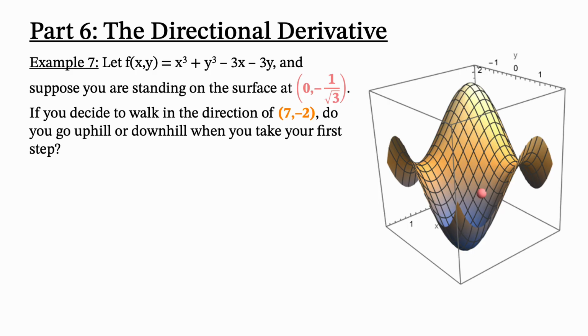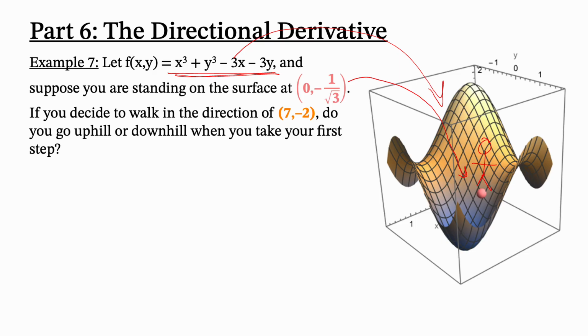I've got a surface that we've seen before, x cubed plus y cubed minus 3x minus 3y, plotted right here, a mountain that we might go hiking on. Now suppose that you are standing on this surface at the xy coordinates 0, negative 1 over root 3. So you're standing right here on this surface.